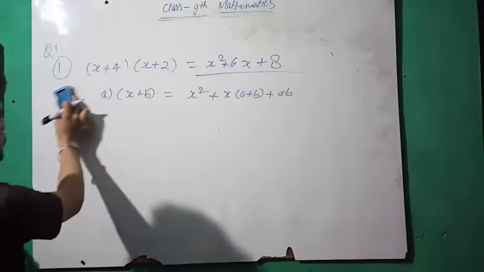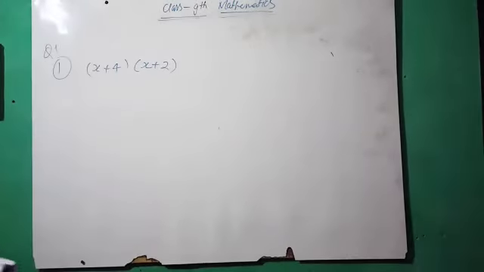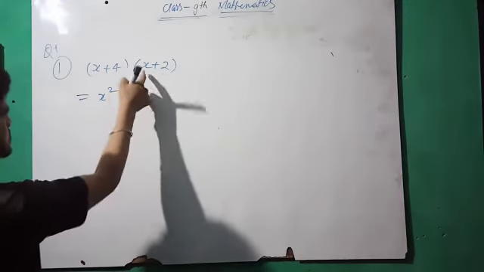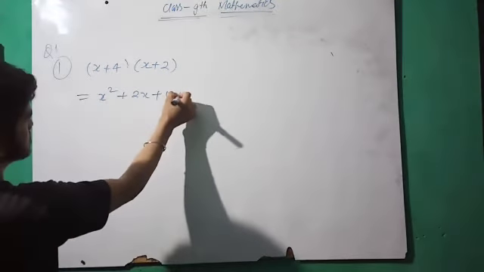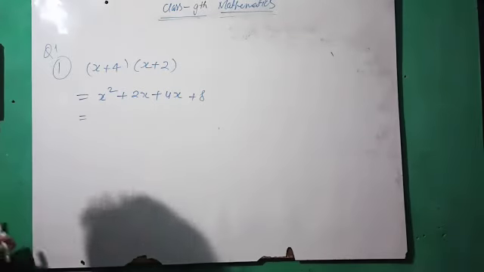And if we don't want to remember this identity, then we can directly multiply all this. x into x, x square, x into 2, 2x, then 4 into x, 4x, 4 into 2, 8. Okay, you can use either.